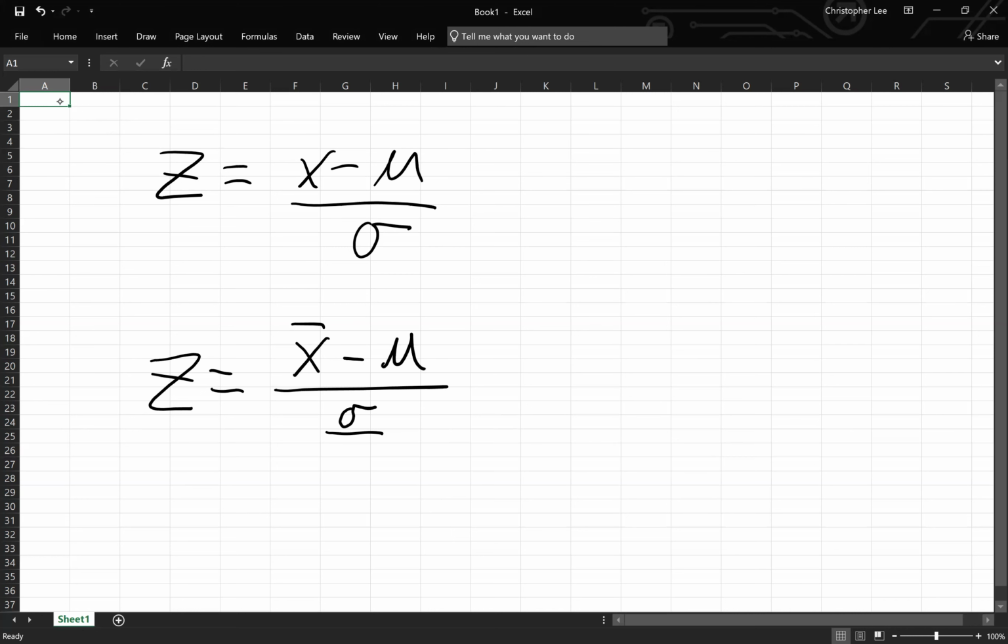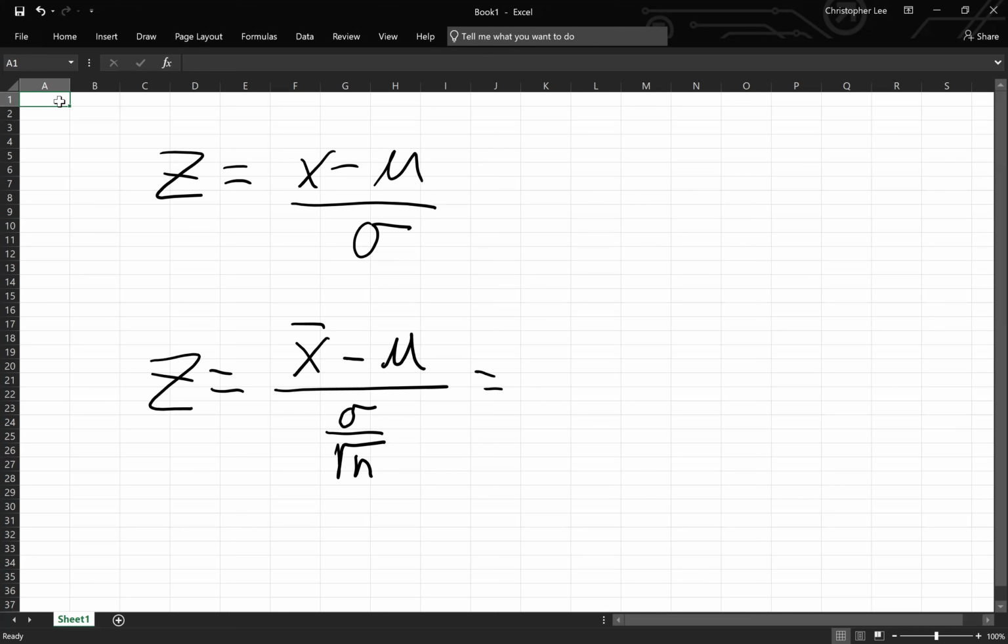Now it's sigma over the square root of n. You're gonna have a sample size, you just plug it in. You're gonna get an answer for Z, and you look it up the same way. Nothing changes. X bar is the sample mean.